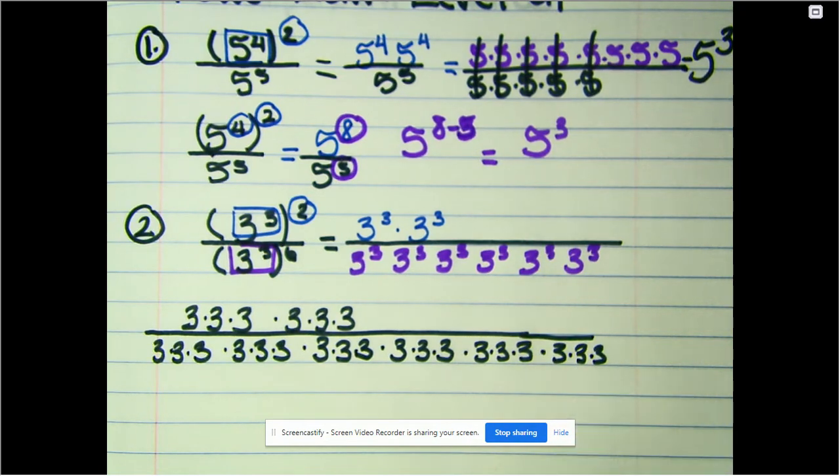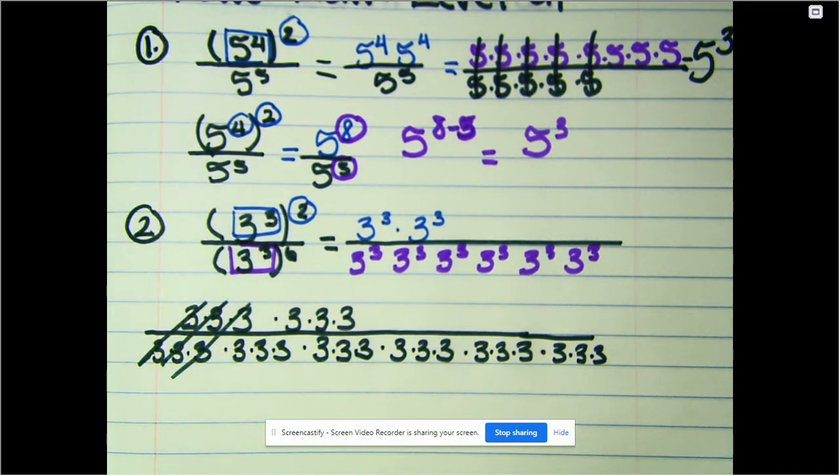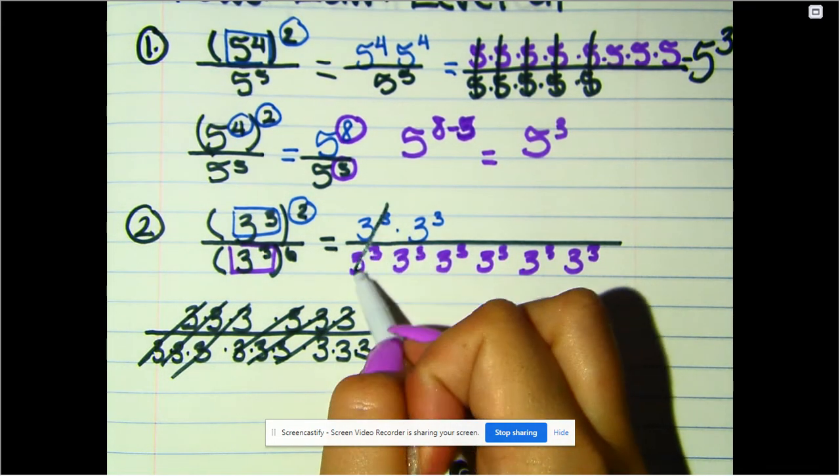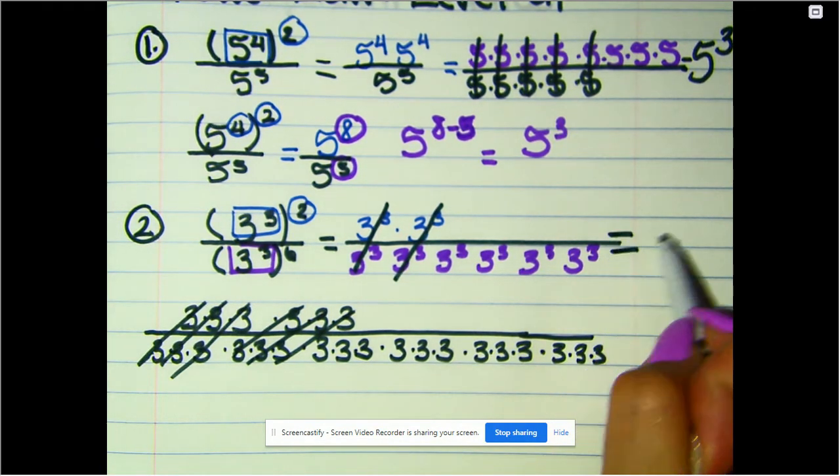Okay, that was a lot. Now, something else that I noticed is that if I have a set of 3 3s on top and on the bottom, those are going to cancel. So if you didn't want to expand it out, we could have canceled out the set of 3 3s and then counted up the exponents that I have left.